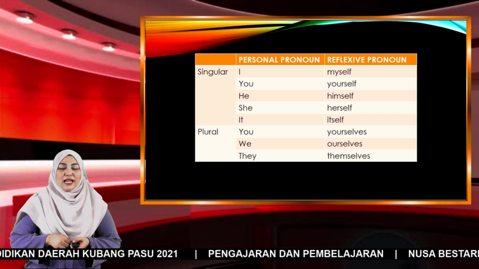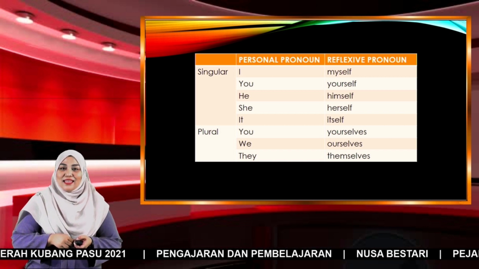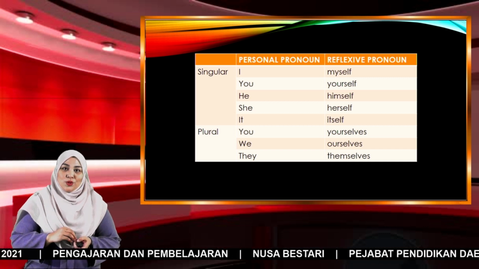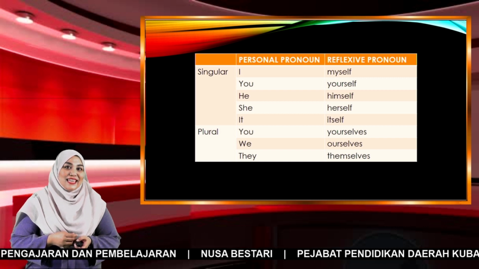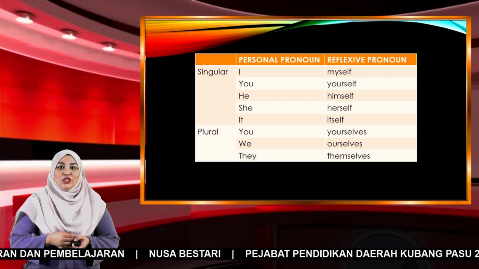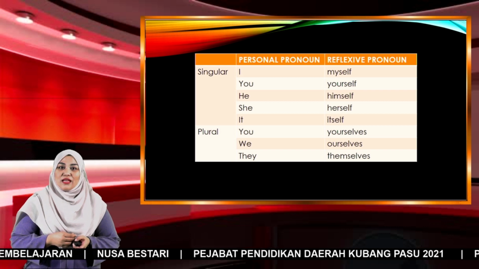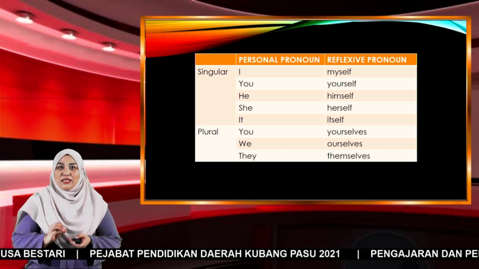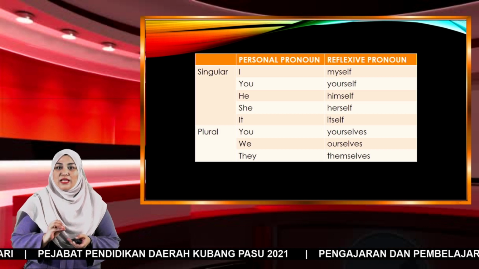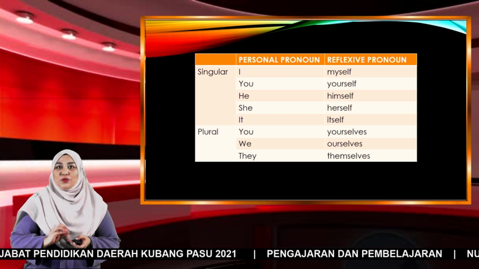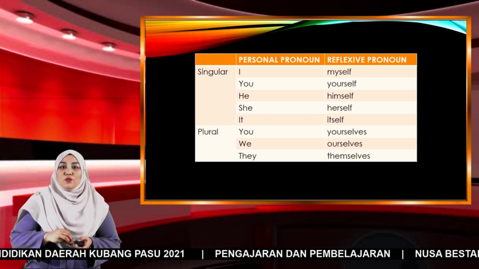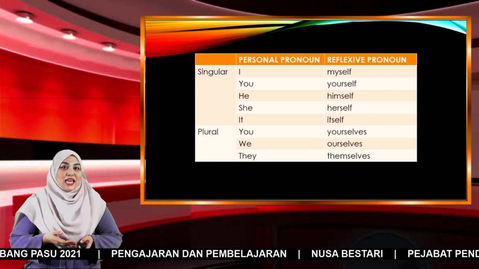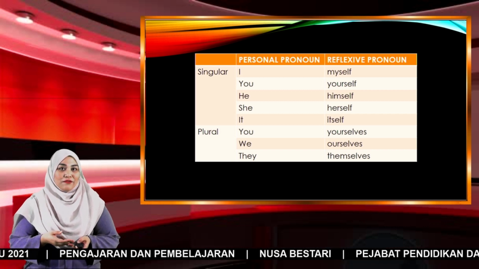The first one is I, which matches myself; you, yourself; he, himself; she, herself; it, itself. So when you identify a subject as a girl or a woman, you use she, and then you use herself. When you want to identify a man or a boy, you use he, and then you use himself.